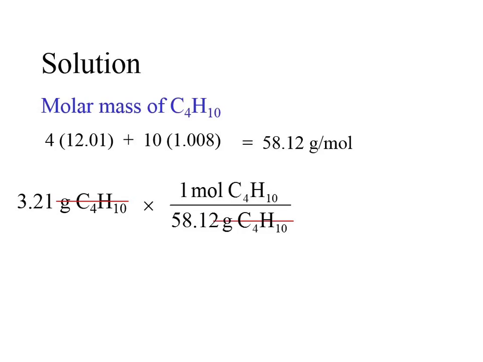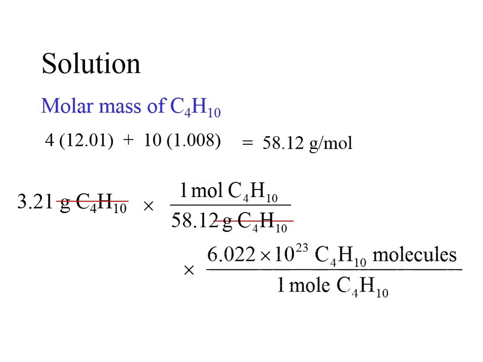Yep, I agree. It kind of wrapped around and ran out of room. So if we just insert the 6.022 times 10 to the 23rd molecules over 1 mole, now our moles cancel. It's wonderful. And the only unit we're left with is molecules. And we get to use scientific notation on our calculator.